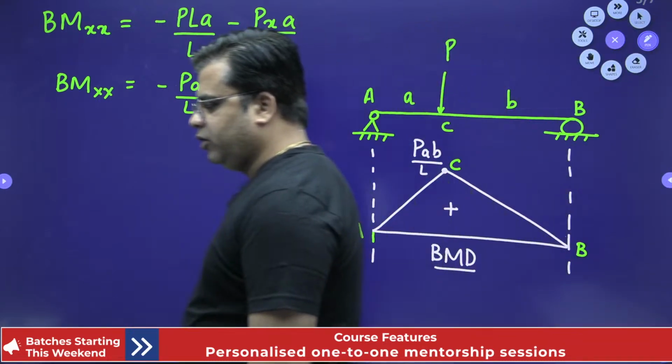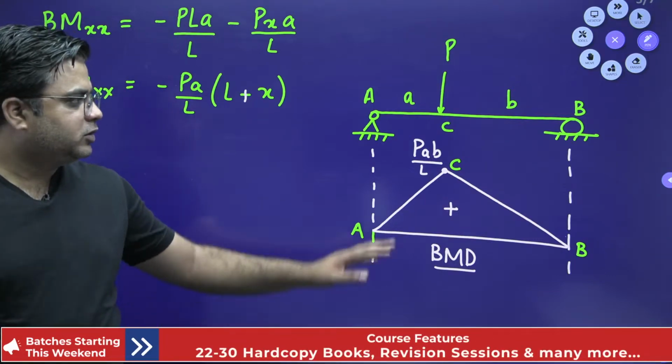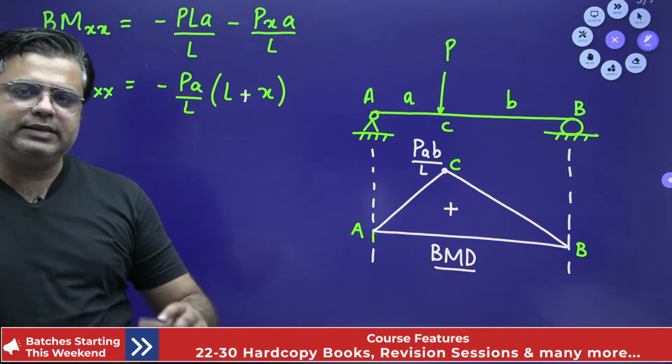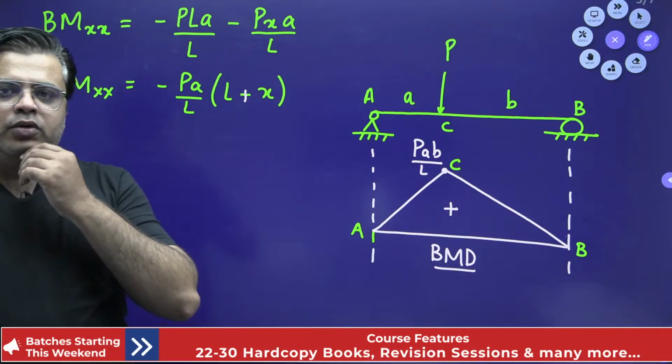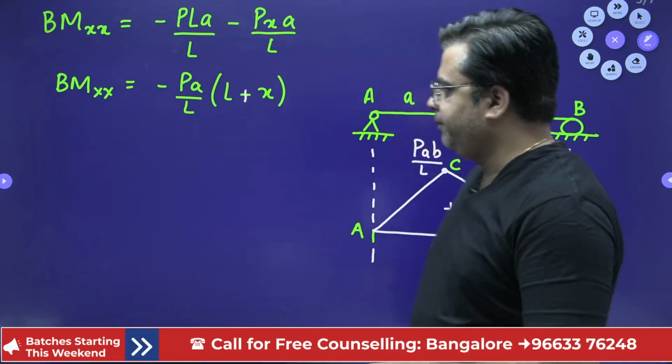So I hope you understood this very clearly, and I think you don't have any doubt in drawing the shear force and the bending moment diagram for such a simply supported beam which is eccentrically loaded. Okay, from this question I want you to remember only one thing.